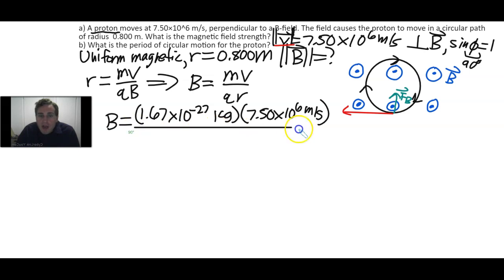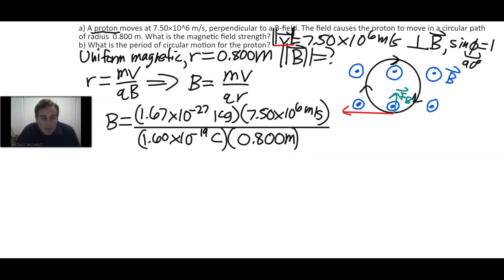Let's divide all that by the charge on a proton, which is a positive fundamental charge, 1.60 times 10 to the minus 19th coulombs. You should know that number for this class. It's used a lot. And then the radius is 0.8 meters.